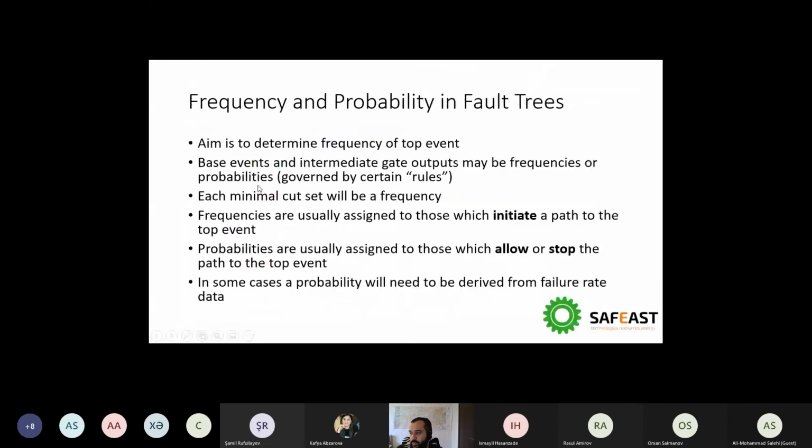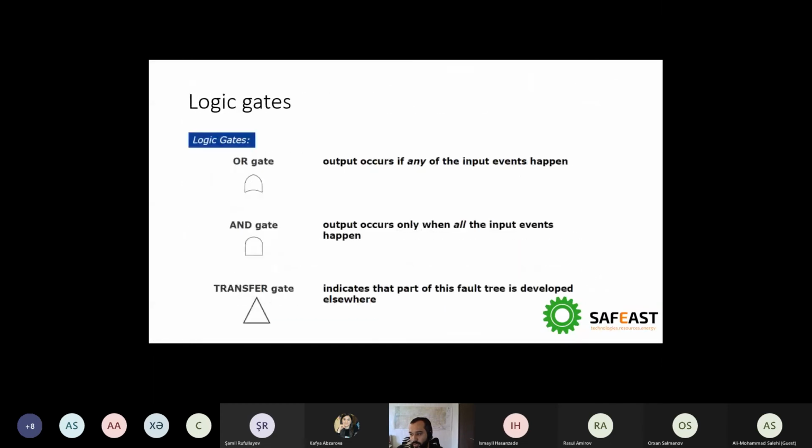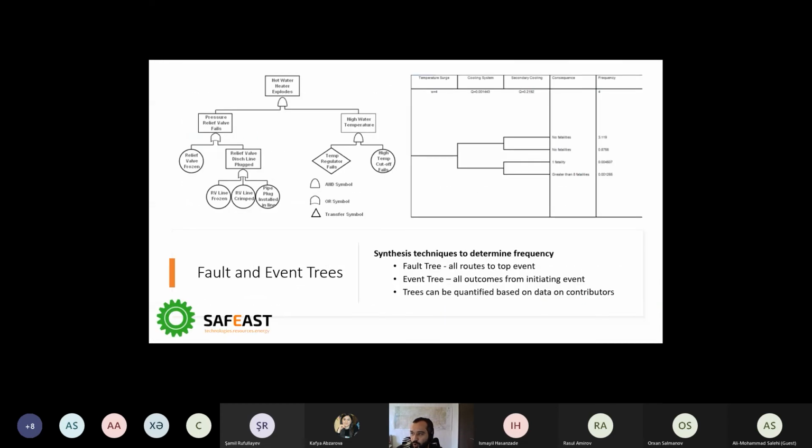So basically, what is the transfer gate? When you look at a fault tree or event tree in real life, your fault tree will not look like this. It will have many, maybe 50, 60 contributors, and it's not easy to show this on one page or one graphic.